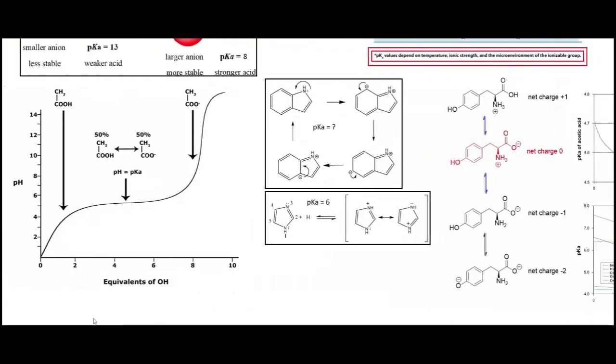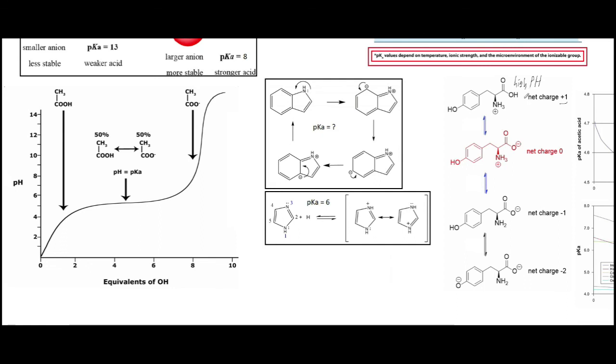All right, going back here, so still looking at this acid-base idea. I just have here this idea that at a very low pH solution, so lots of hydrogen ions in solution, we're going to be in this maximally protonated form, so it's going to have a net charge of +1.